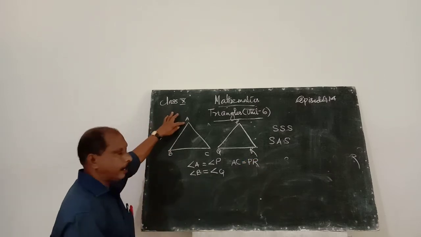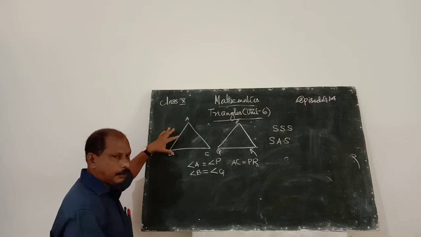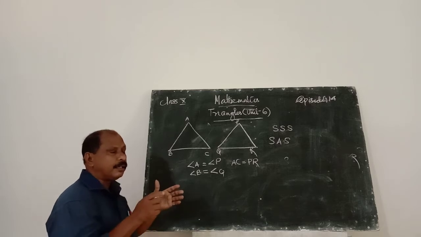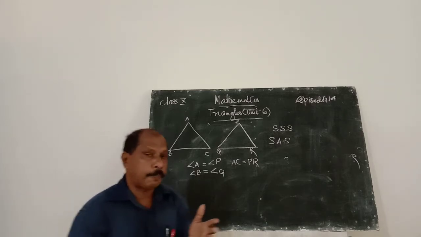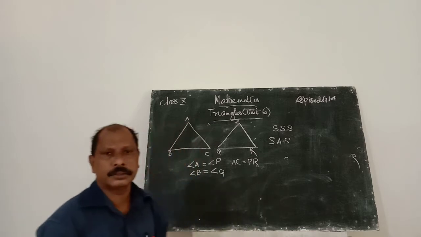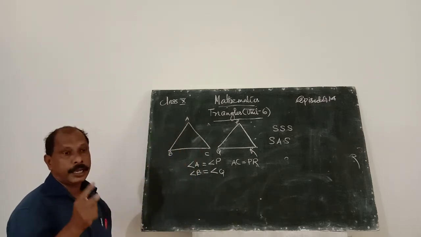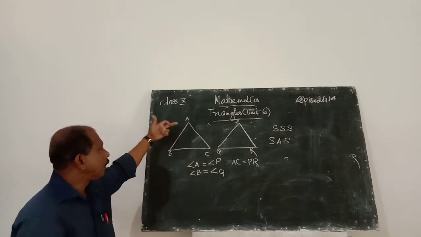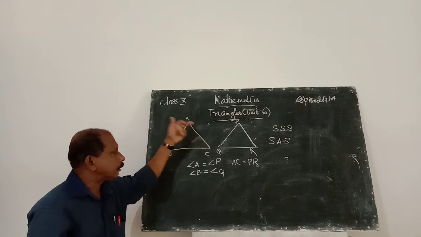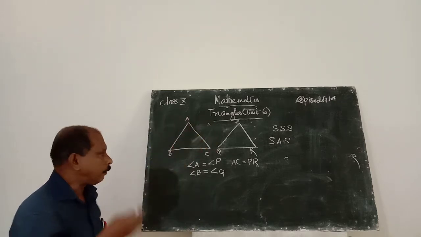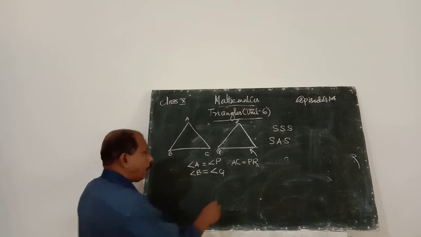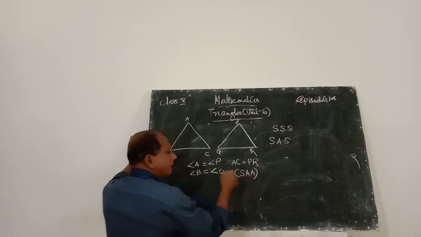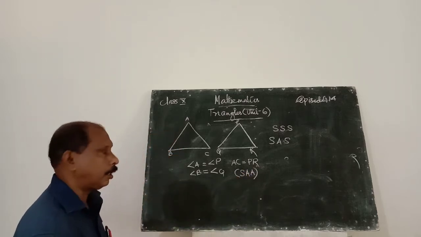That means two angles of the first triangle are equal to the corresponding two angles of the other triangle, and the side opposite to any one of these two angles. The side opposite to angle B is AC, and the other is PR. Therefore, these two triangles are congruent triangles. That property is known as AAS criteria of congruent triangles.